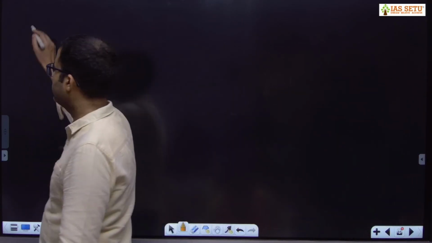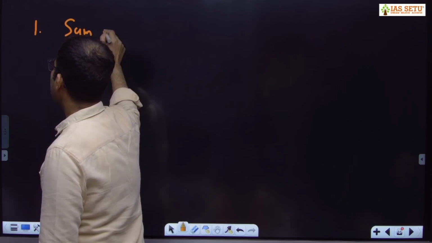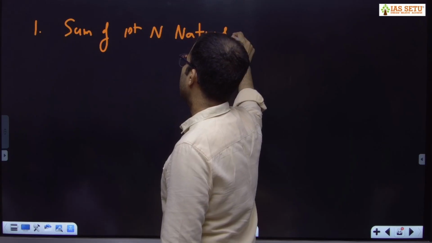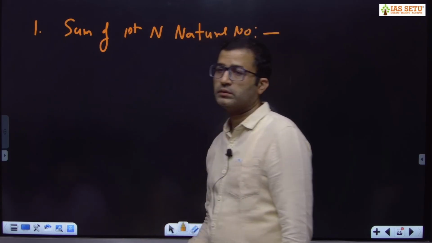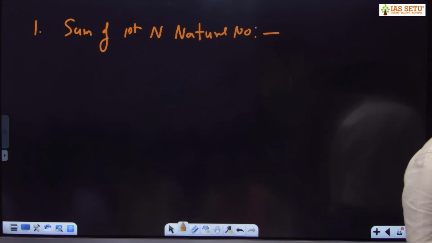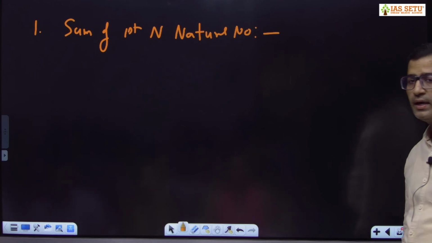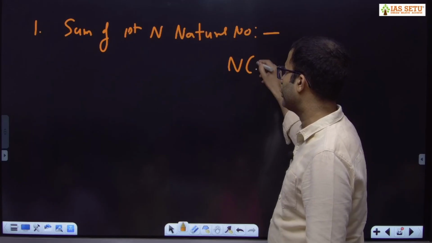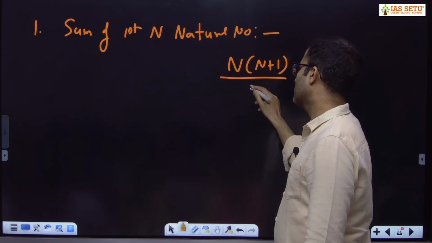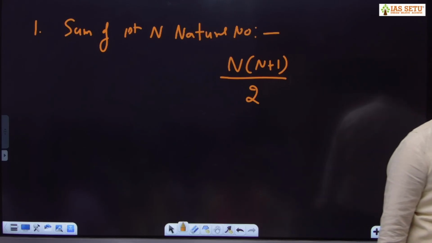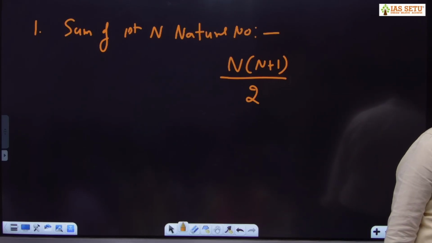First rule, sum of first n natural numbers. Can anyone tell me what is the formula for the sum of first n natural numbers? n into n plus 1 divided by 2. So here this is your short trick. Sum of first n natural numbers is n into n plus 1 divided by 2.